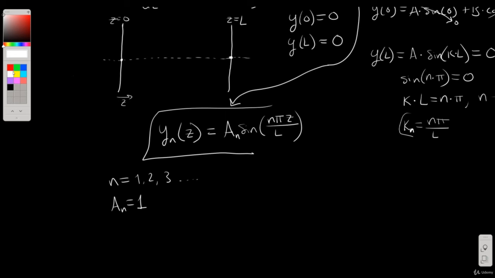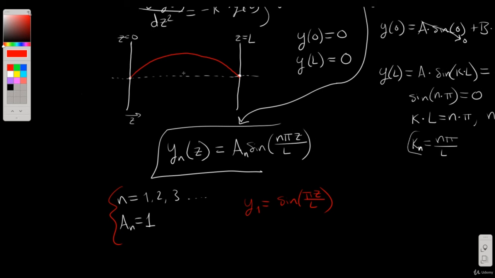When I plot these wave functions, you can see for yourself y sub 1 equals sine of pi z over L. Obviously when z is equal to L, you have sine of pi, and that is equal to 0, so that is satisfied. But most importantly, we see that we have half a wavelength here, because it doesn't take a full revolution. It doesn't go around the unit circle. It just goes from 0 to pi.